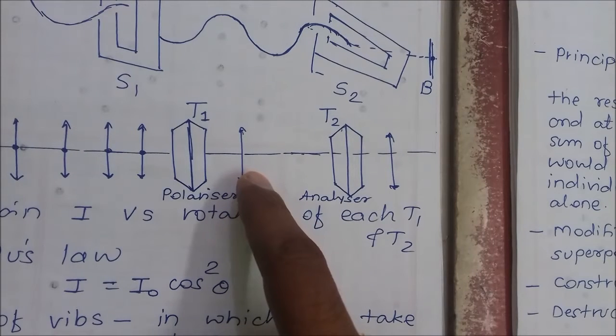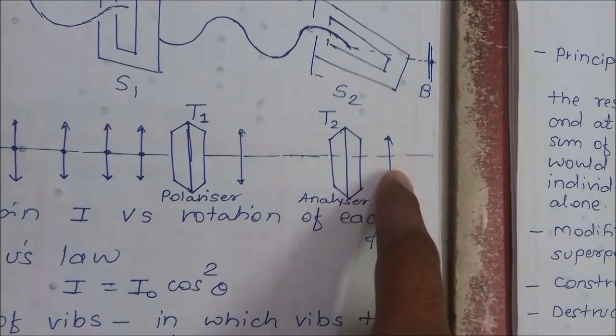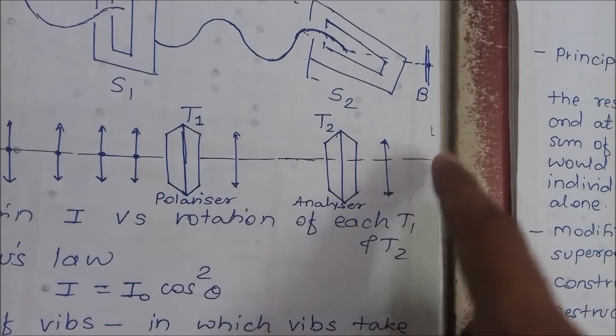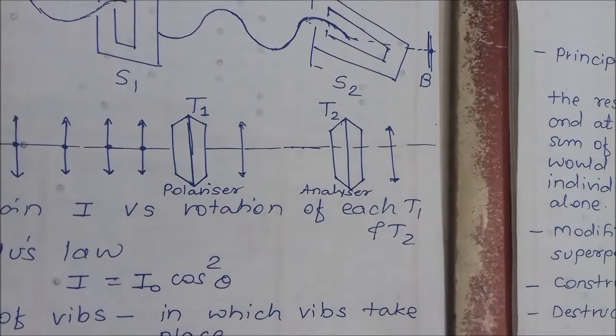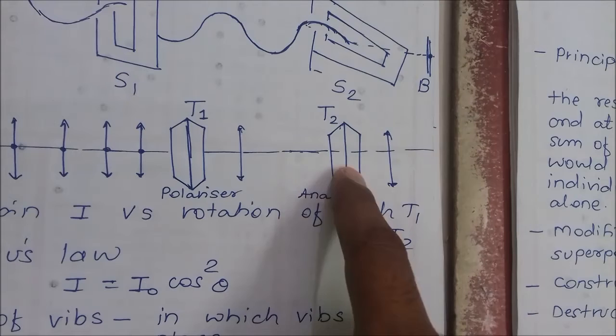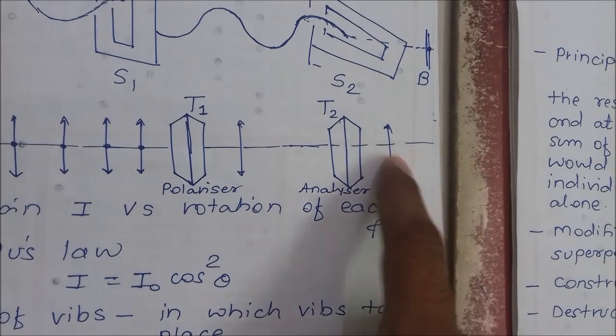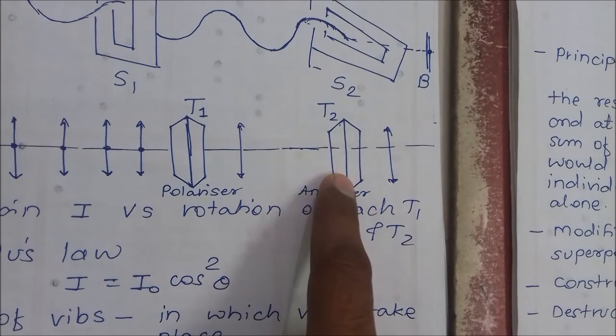So here intensity is I by 2, then this intensity is also I by 2. If this intensity is I, then this intensity is also I. Okay. Then if I rotate this crystal, the intensity at this point decreases, becomes 0 when this crystal becomes horizontal.